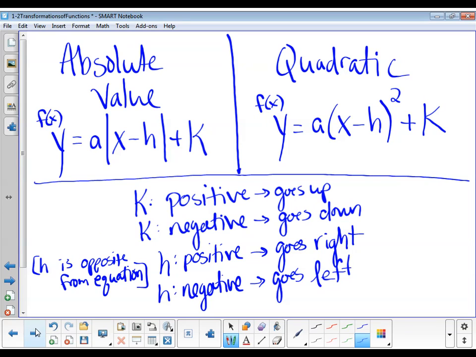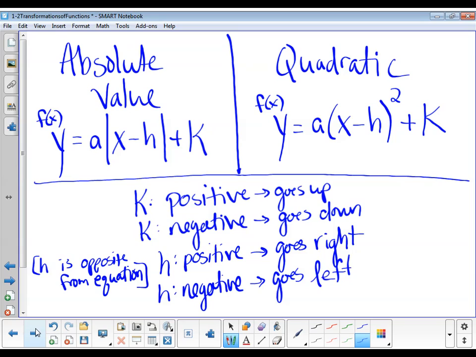So here you can see the absolute value and quadratic. These are sometimes, they're not really standard form. I think that's how I have them labeled on the notes, but technically standard form, especially for quadratic, is something different. But these are forms where you can easily identify your h and your k values.